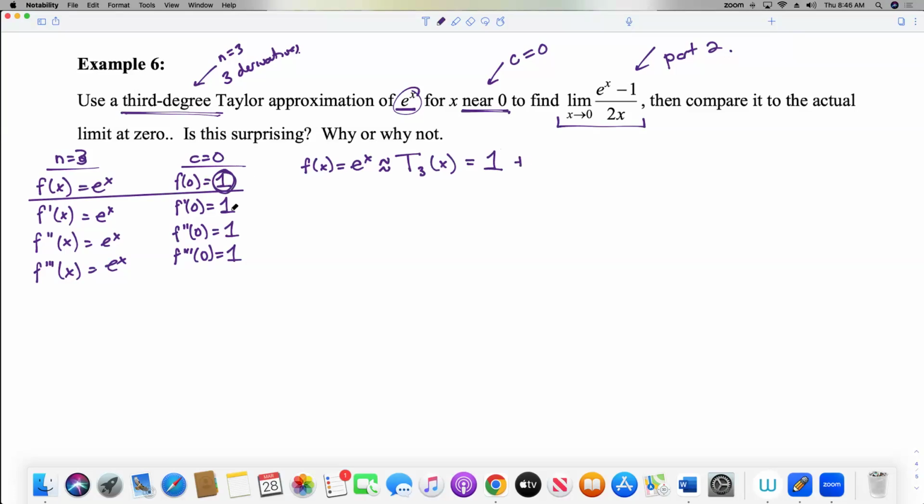Plus the next term, 1 over 1 factorial is just 1 times x minus 0, and that's x. It's x minus 0 because it's centered at 0. Next, plus 1 over 2 factorial, which is 2, times x squared, plus 1 over 3 factorial.